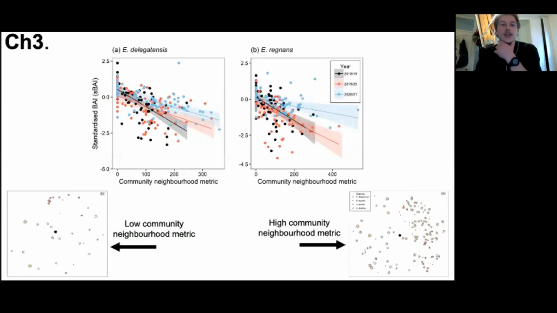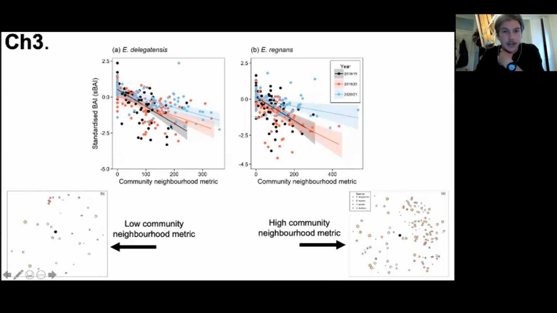So this top figure here shows the same standardized basal area increment as before, or absolute standardized growth, on the y-axis, and then the community neighborhood metric on the x-axis. And the different years are plotted in different colors.